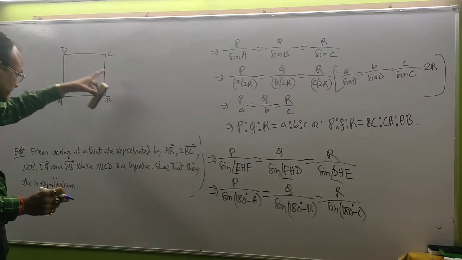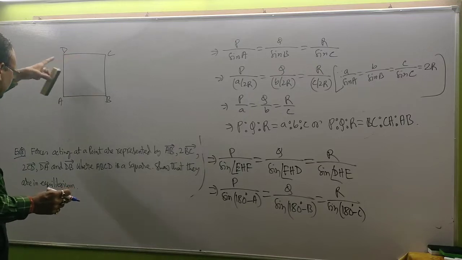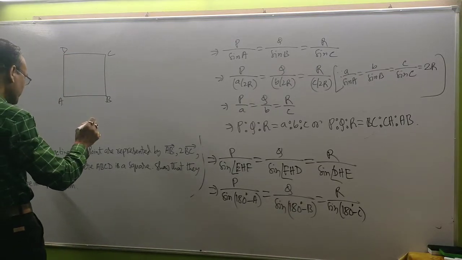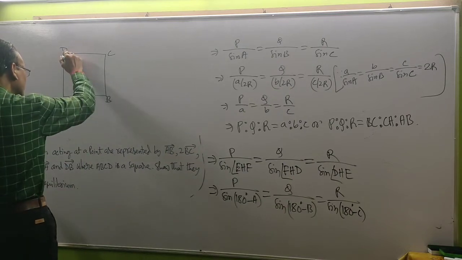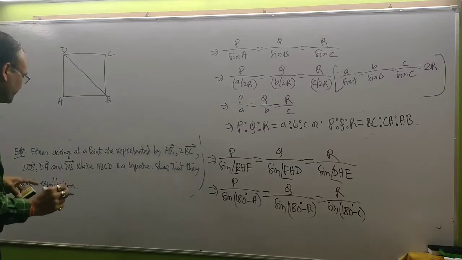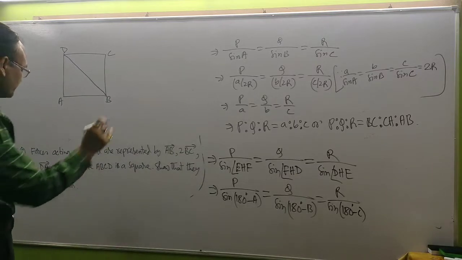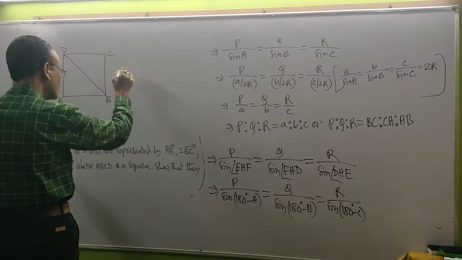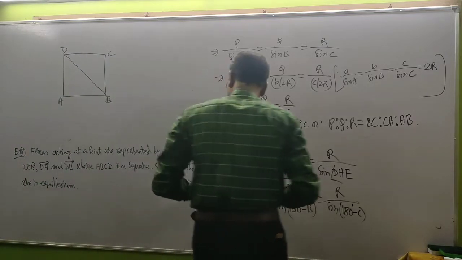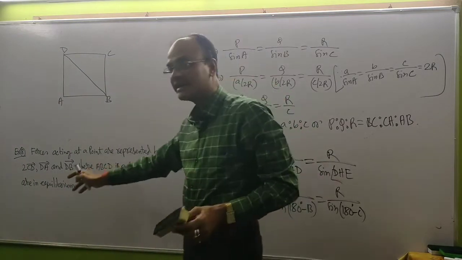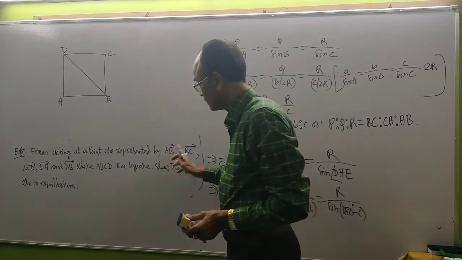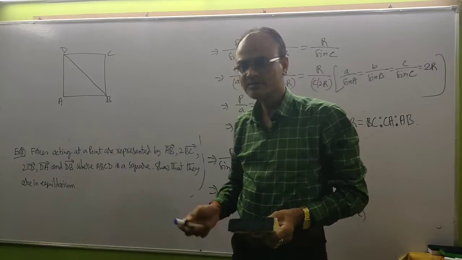AB, twice BC, twice CD, DA and DB also. ABCD is a square. To prove that they are in equilibrium, this means that the sum of these forces should be equal to 0.